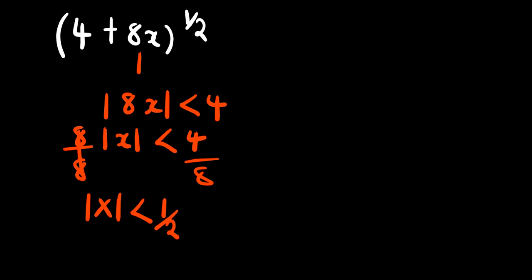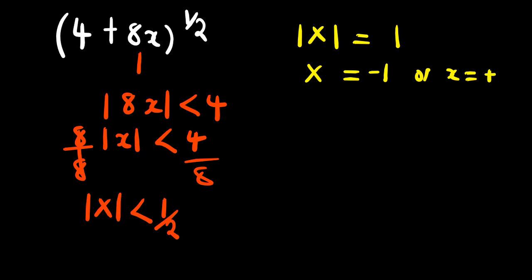Now when we're learning about modulus functions, how do you solve a modulus equation? Because this one is a modulus equation. If I've got the modulus of x equal to 1, the way we used to isolate the modulus, you're going to say x will be equal to either negative 1 or positive 1, and that's how we are going to do that.